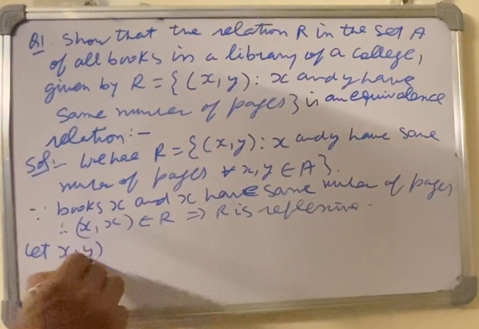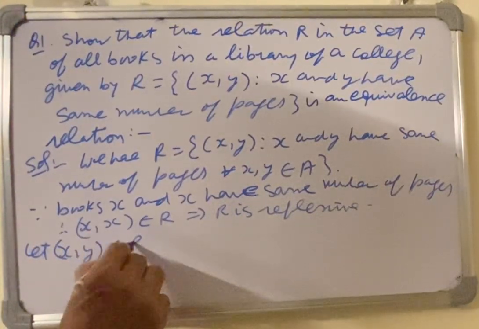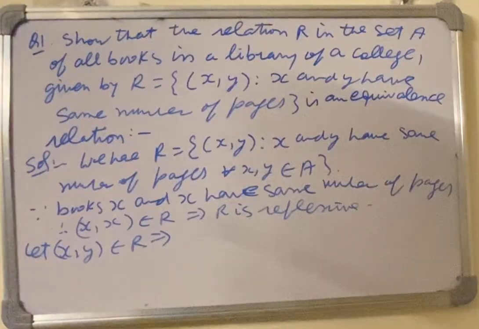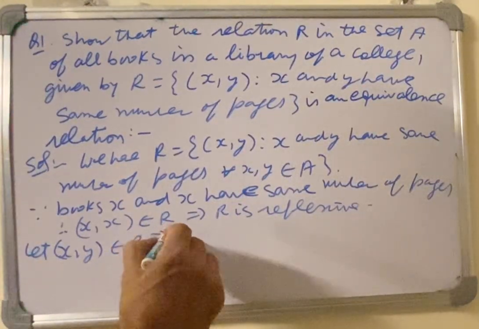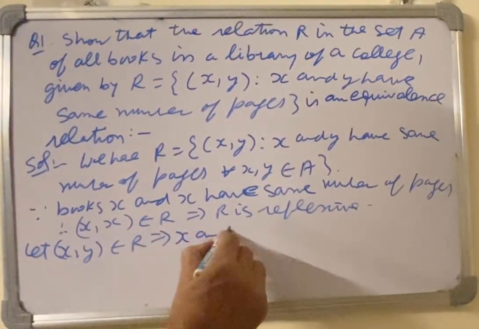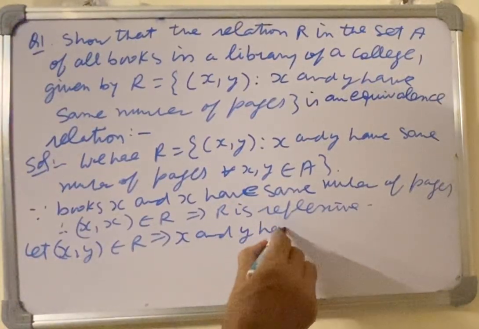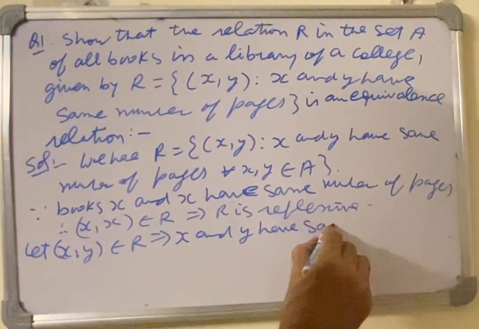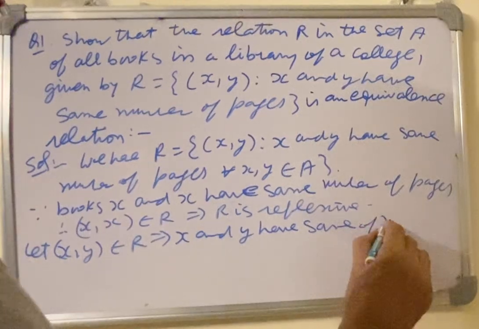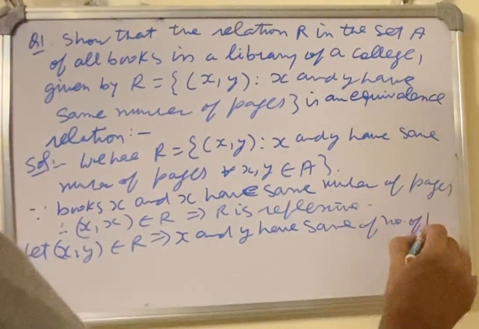Let x comma y belongs to R, means x and y have the same number of pages.